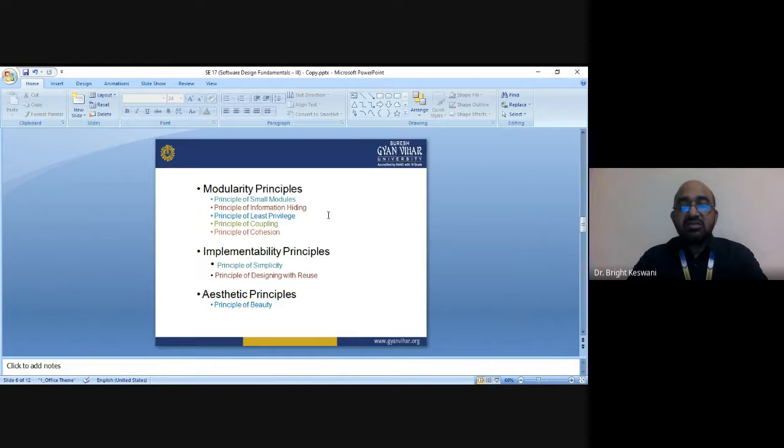The last one is the aesthetic principle of beauty. In many other design disciplines, beauty is the main goal of design. So the aesthetic principles are important in software design.